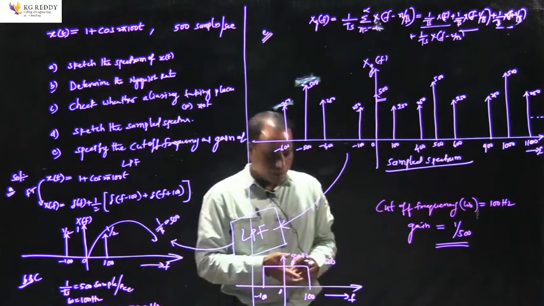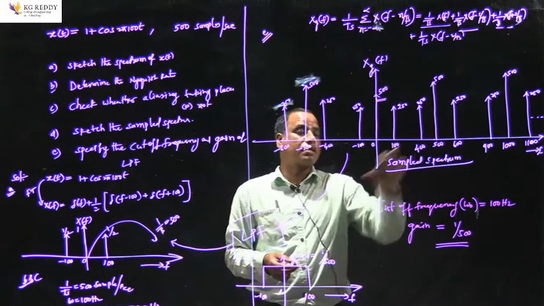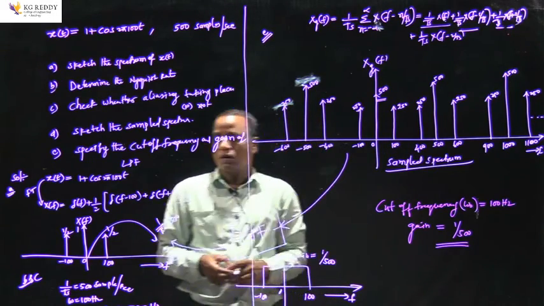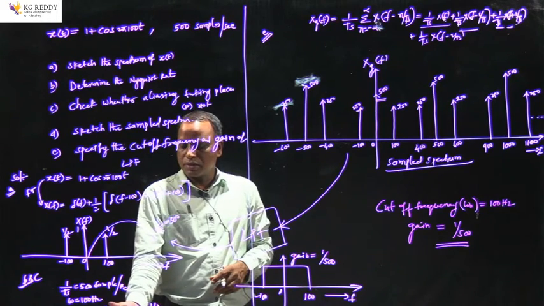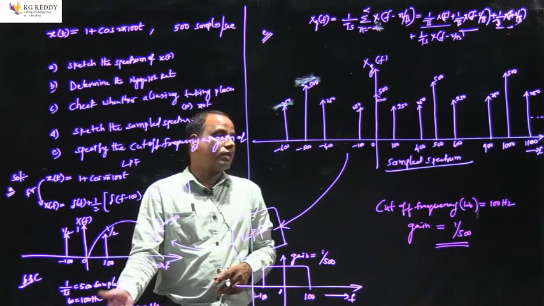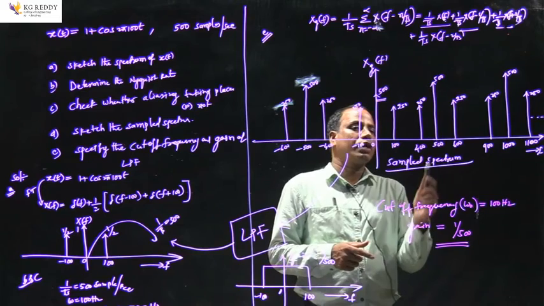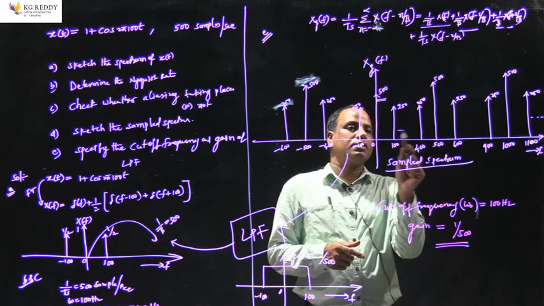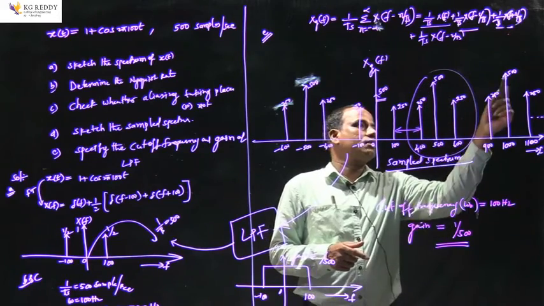So this is the way we can sketch the spectrum after the signal is sampled. Here we are not coming across the aliasing effect. That's the reason there is no overlapping of frequencies in the spectrum. If you look at this, this is one sample and this is another sample.